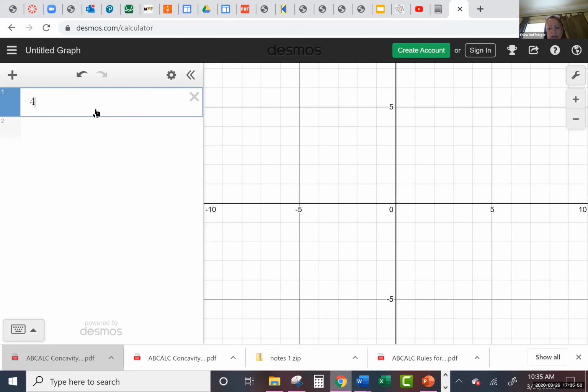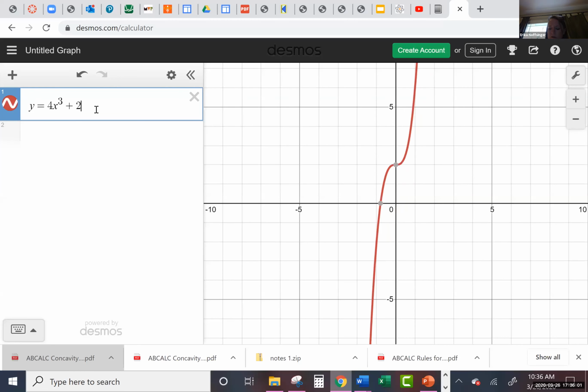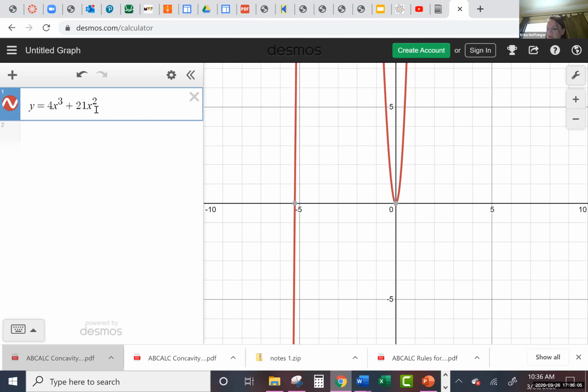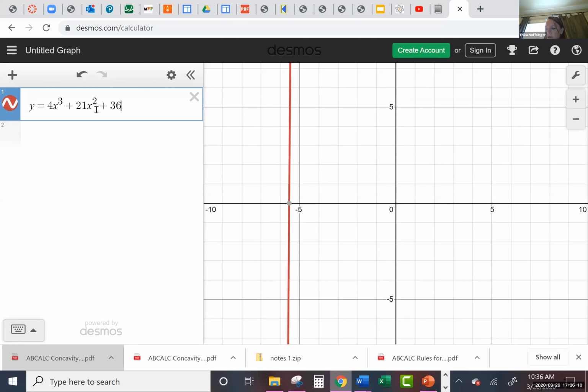So we have 4x cubed plus 21x squared plus 36x minus 20.